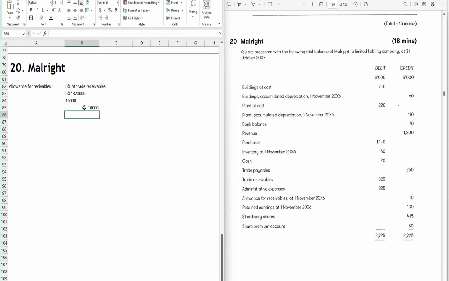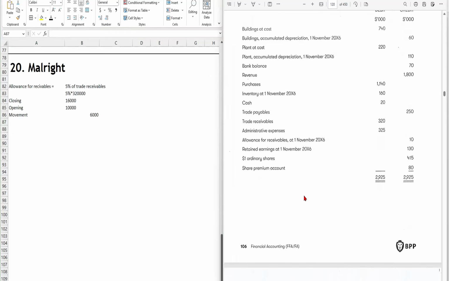This one is the closing and this one is the opening. So now the movement is 6,000. This movement figure will be shown in the P&L.